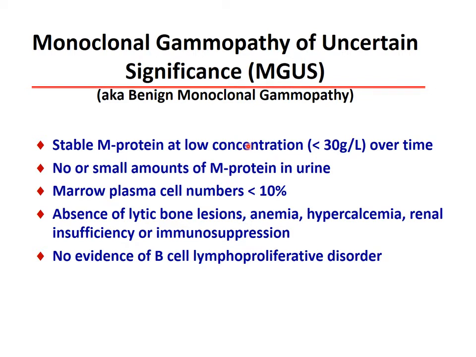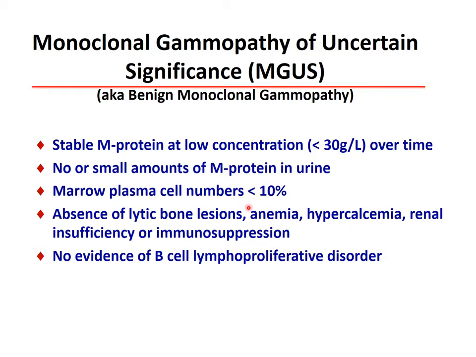Nothing else. The patient does not have M proteins in the urine, so there is no protein excretion in the urine. We have not reached 10% or higher plasma cell number in the bone marrow, so the bone marrow is not infiltrated by plasma cells. We do not have any kind of bone lesion or hypercalcemia or anemia or renal insufficiency.